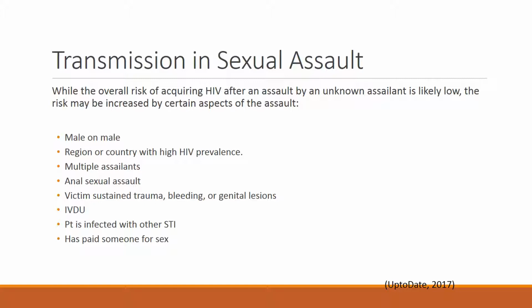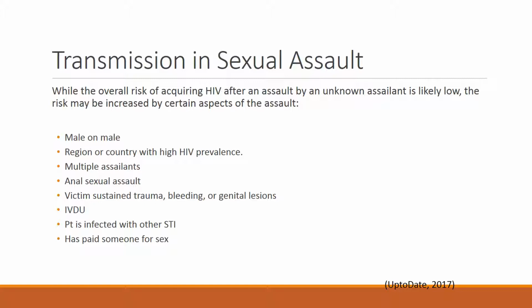And in any sexual assault, there's a lot less natural lubrication, and that can increase the risk of mucosal tears. So we're looking for trauma, bleeding, or genital lesions, and that includes herpes lesions, syphilis lesions, anything like that, as well as a very friable cervix.